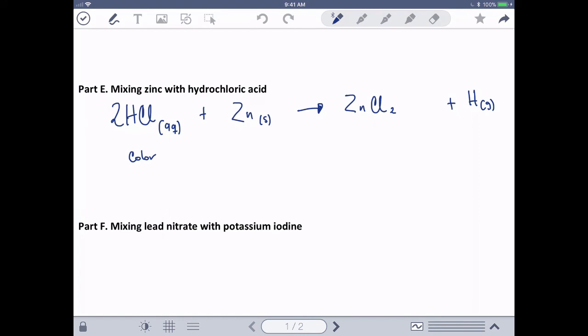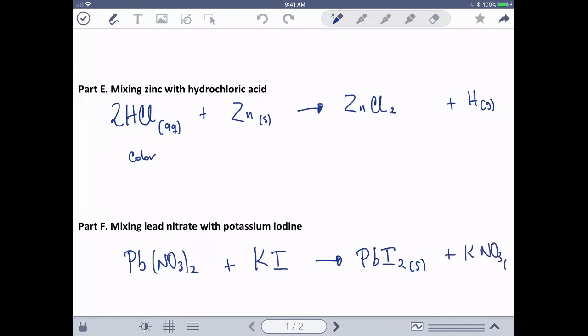And then for part F, we mixed lead nitrate, so that's Pb(NO3)2, in addition to potassium iodide, and that reacted and produces lead iodide, which is a solid, and the potassium nitrate, which is aqueous.